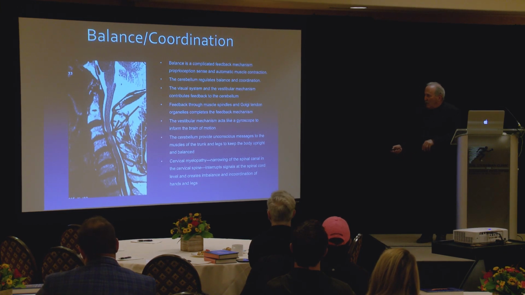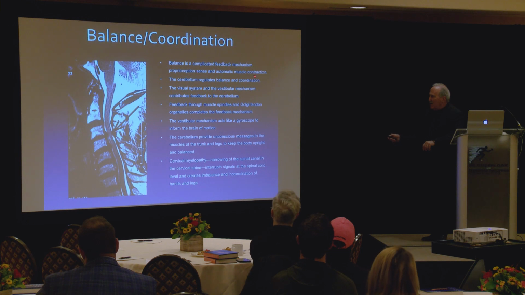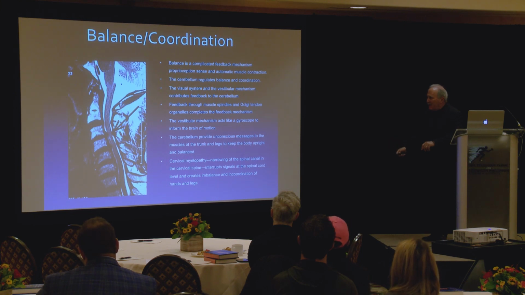So, balance and coordination. This is probably the most difficult subject we'll deal with today, and I only have 2 slides on it. So it's a complicated feedback mechanism with proprioception, sensation, and automatic muscle contraction. The cerebellum regulates balance and coordination, so it could be a cerebellar problem. The visual system and the vestibular mechanism contributes to feedback to the cerebellum.